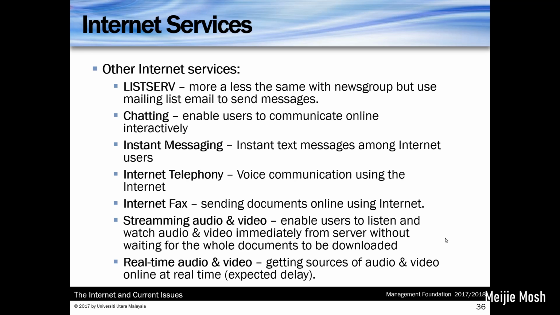The difference is that instant messaging is suited for one-to-one communication, and chatting usually involves many people. The internet services also include internet telephony, internet fax, streaming audio and video, and real-time audio and video.